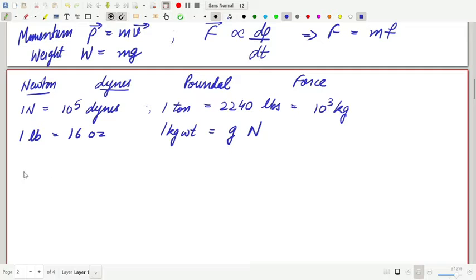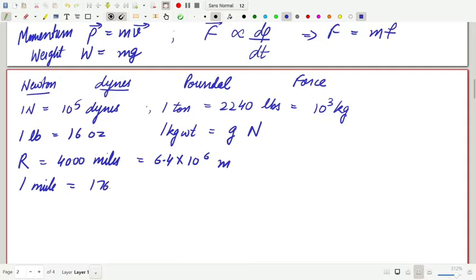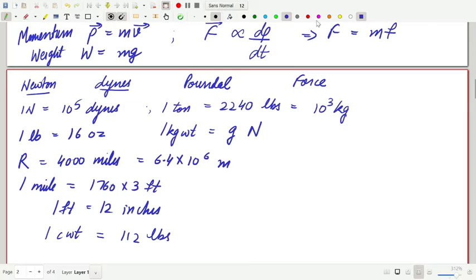Now, for distances, basically, the radius of Earth is equal to 4000 miles, or 6.4 into 10 raised to power 6 meters. 1 mile is equal to 1760 into 3 feet. 1 foot is equal to 12 inches and 1 hundredweight is equal to 112 pounds.